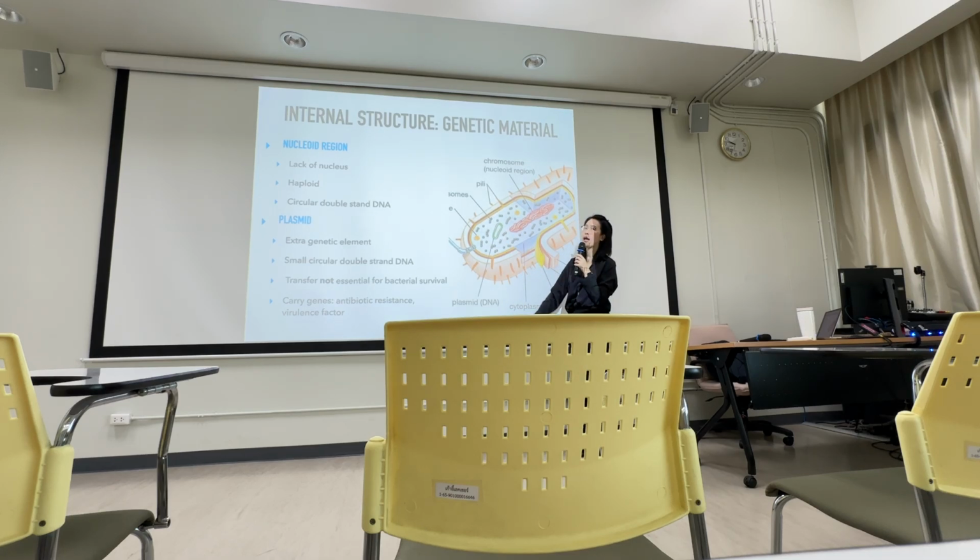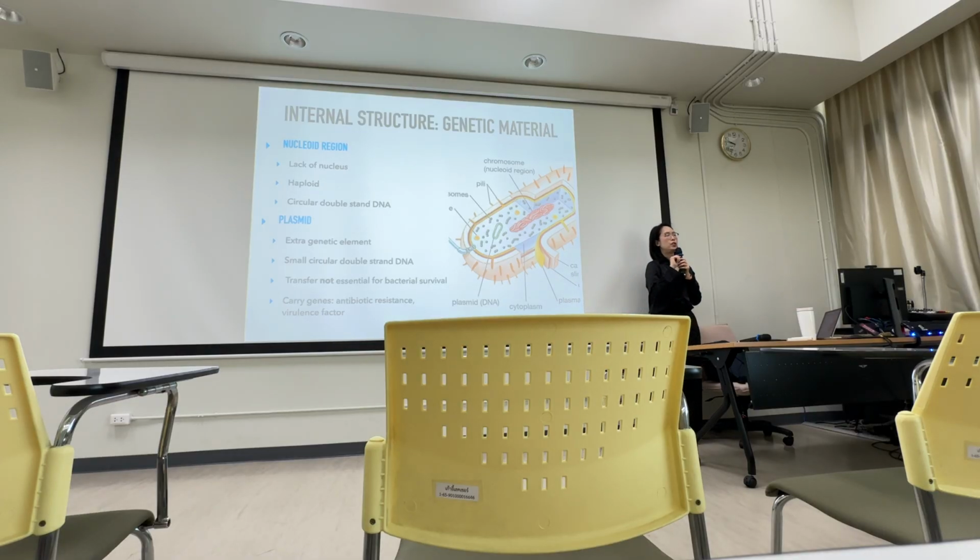Normally, they carry non-essential genes for bacterial survival, while the chromosome carries the essential genes for bacterial survival. But the plasmid carries genes that increase properties, such as antibiotic resistance genes or genes that produce some special metabolites.